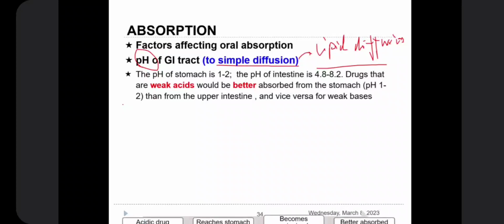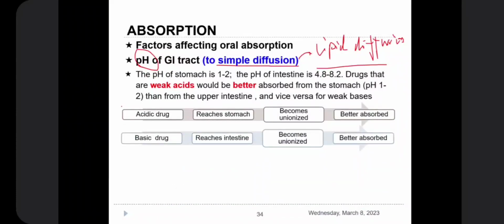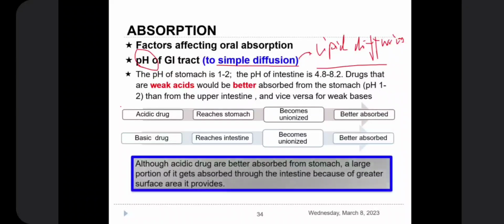Let's just review that. We have learned it very well. Although acidic drugs are better absorbed from the stomach, a large portion of them will still be absorbed in the intestine, because the intestine has a great surface area. A good absorption does not mean a large absorption. So you should understand it.